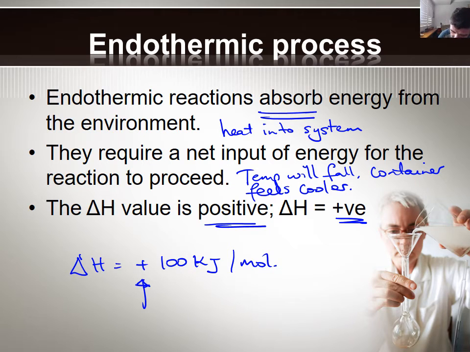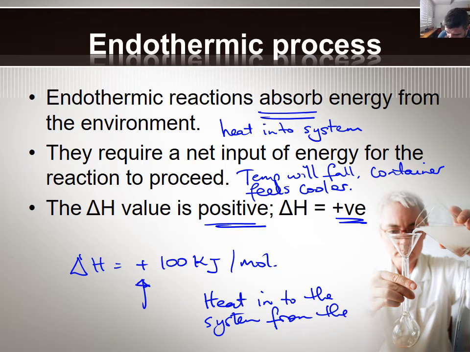And that plus means heat into the system from the surroundings. If the total heat of the system is higher, then that heat has got to come from somewhere, and that heat has come from the surroundings. So the water, say, will have lost that heat, so therefore its temperature will have dropped.